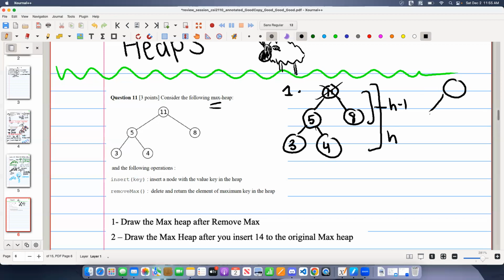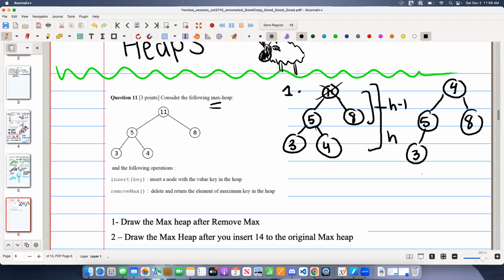So we have 5, 8, and we have 3, and then 4 is going to be inserted there. Why did we not take 3? If we took 3, it would not be a complete tree. So we take the lowest node and bring it back to the start. Does that make sense?